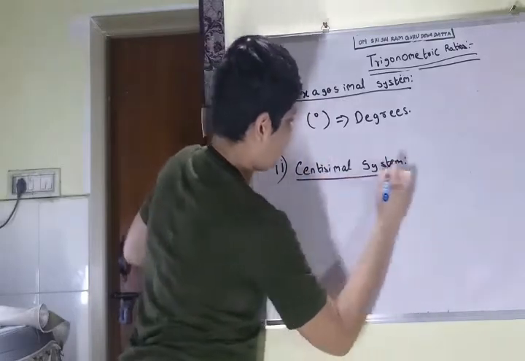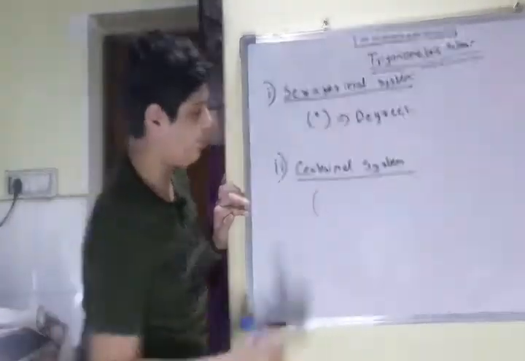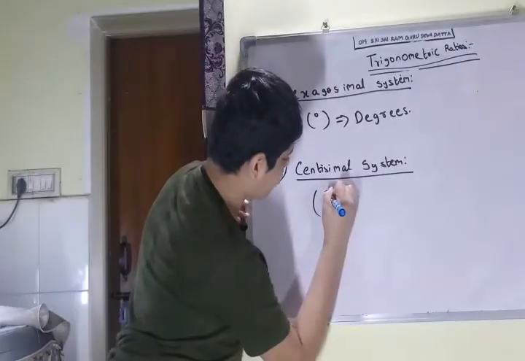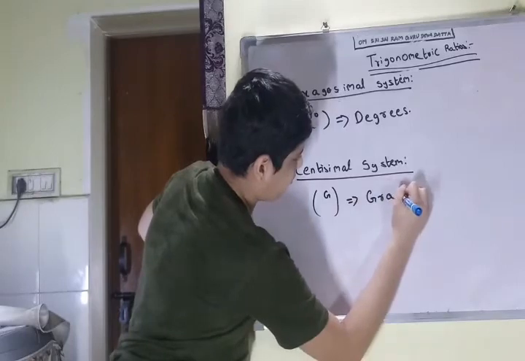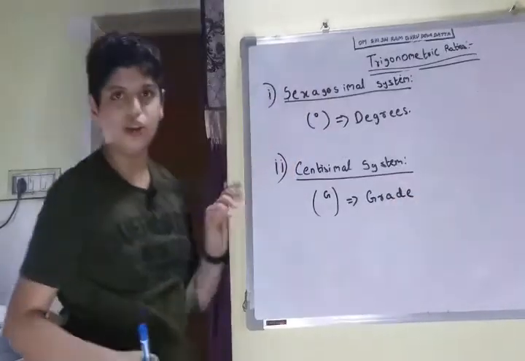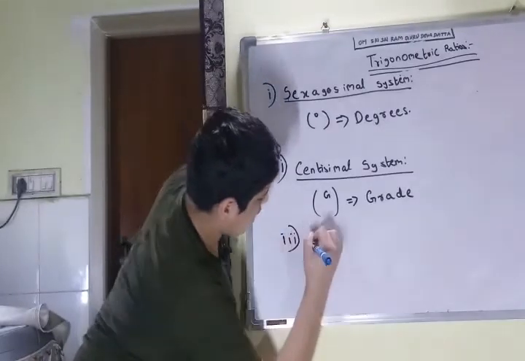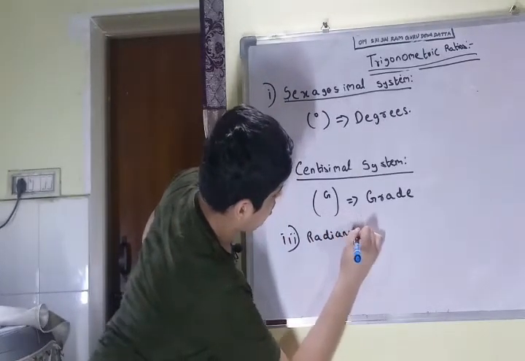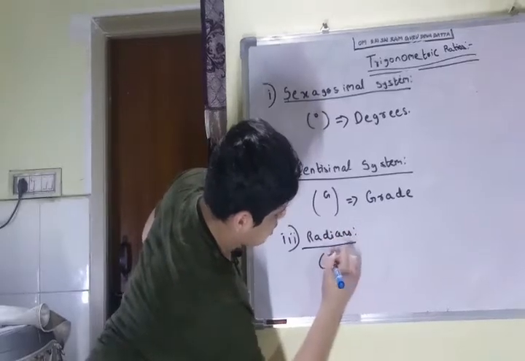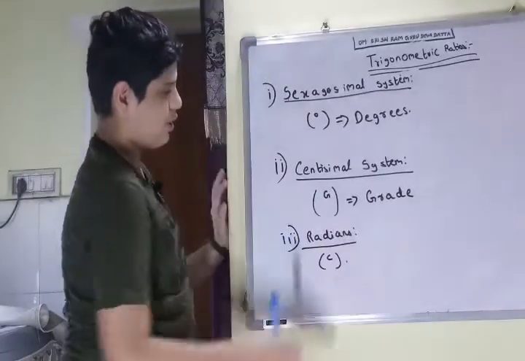In this system we measure by the use of grades and also minutes. The third one is radians, which we represent with C. This is used to represent radians.